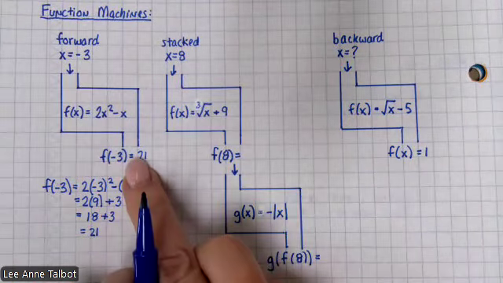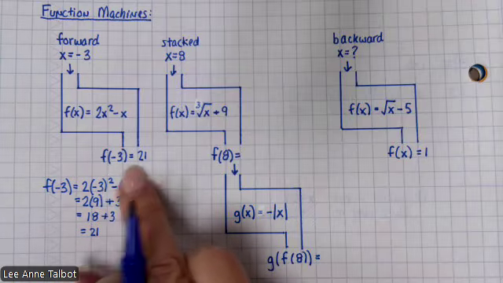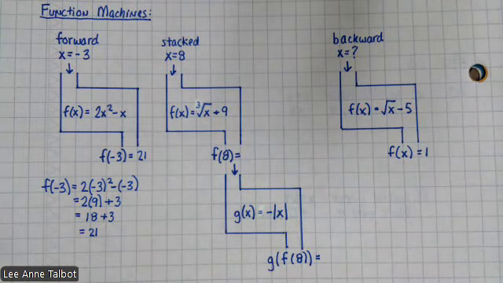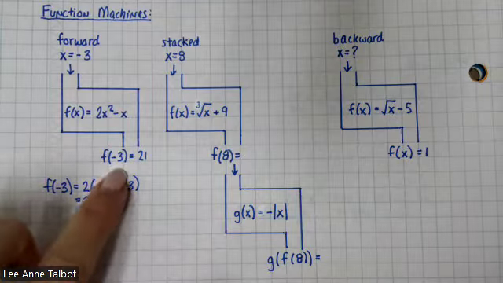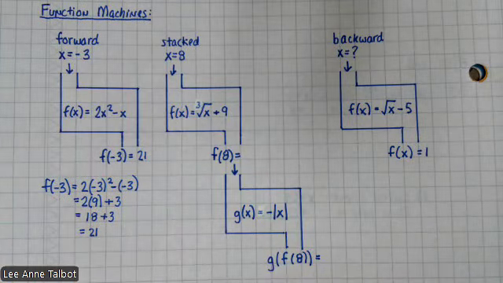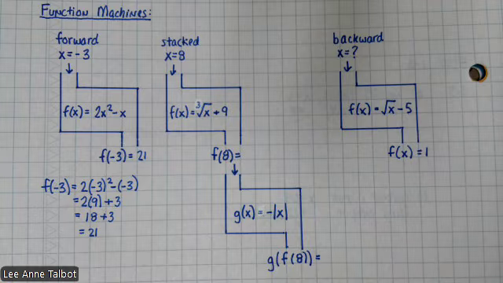So f of -3, which means the function value at -3, is 21. It also says if x is -3, f of x is 21. Any questions about the forward function machine?